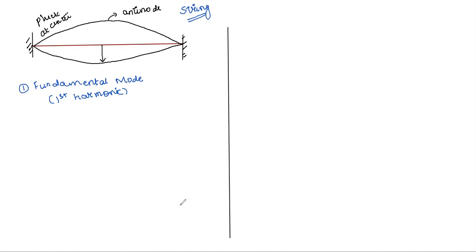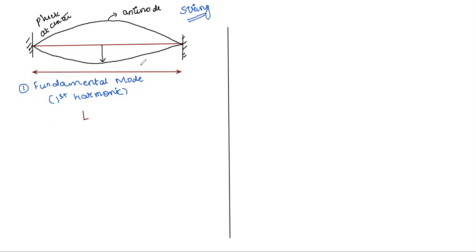Now we have, see, this is the length, right? This entire length. Karuna, can you tell me what this length is equal to in terms of lambda? Distance between two consecutive nodes is? Lambda by 2.